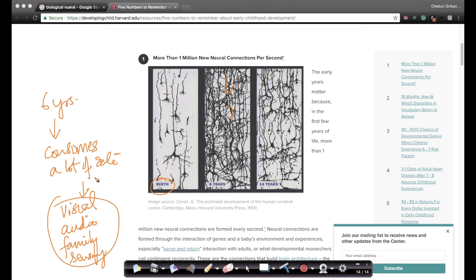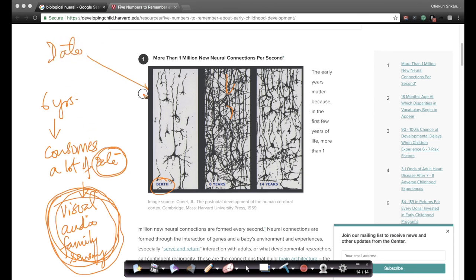All these are sensory inputs, and all these inputs are nothing but data. If you think about it from a computational standpoint, all this vision, audio, your family teaching you language and about objects, your sense of touch, smell, all of this is nothing but data in computer science. So a child's brain takes in a lot of data.